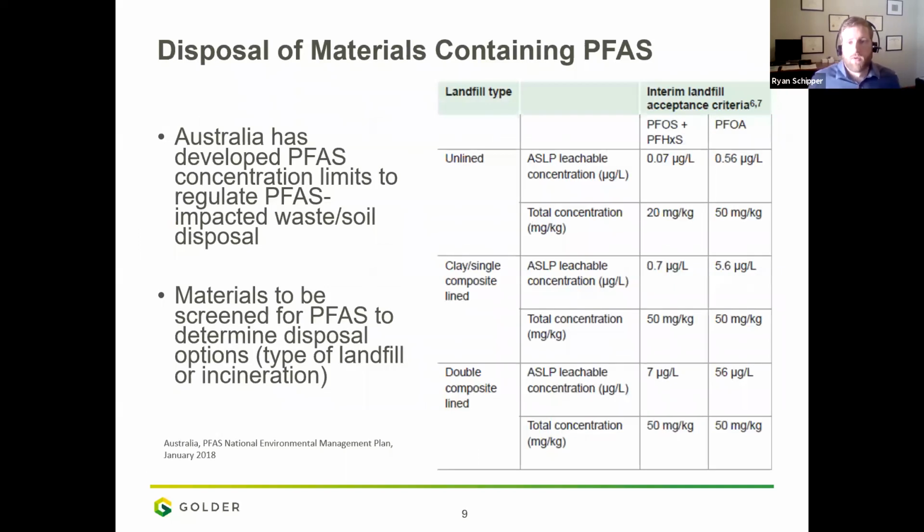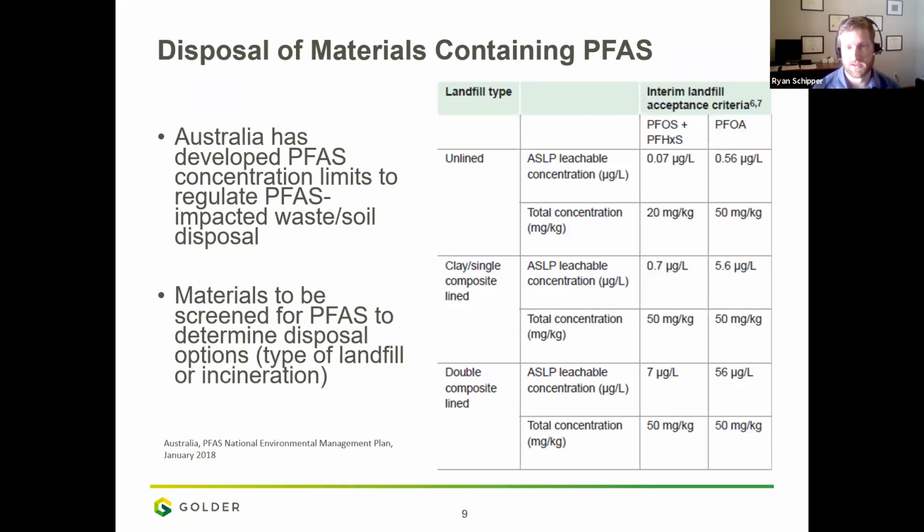So then we'll talk a little bit about waste concentrations and what Australia is doing. They're developing some PFAS concentration limits to regulate PFAS. Essentially different thresholds to determine how you're going to dispose of waste, whether it meets the thresholds to dispose of within an unlined landfill, or if it needs a clay, single composite lined or double lined cell.